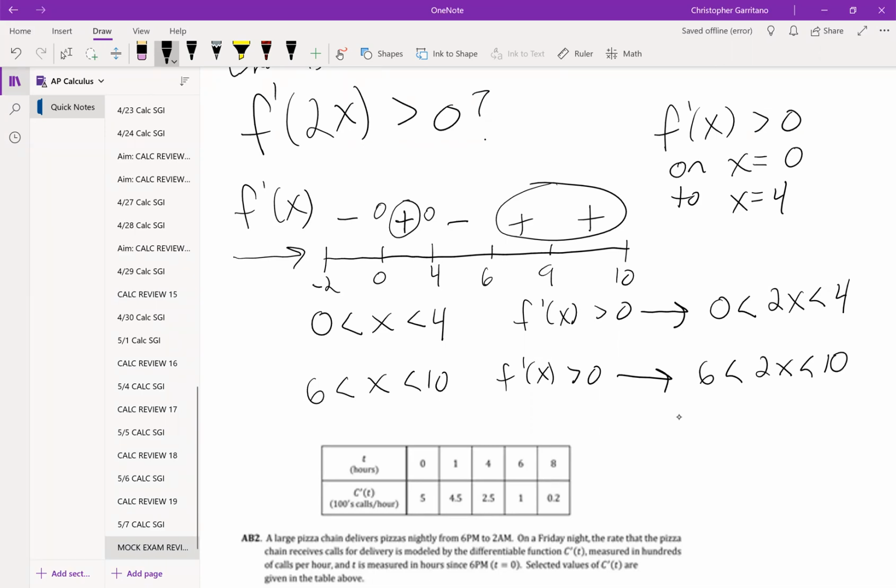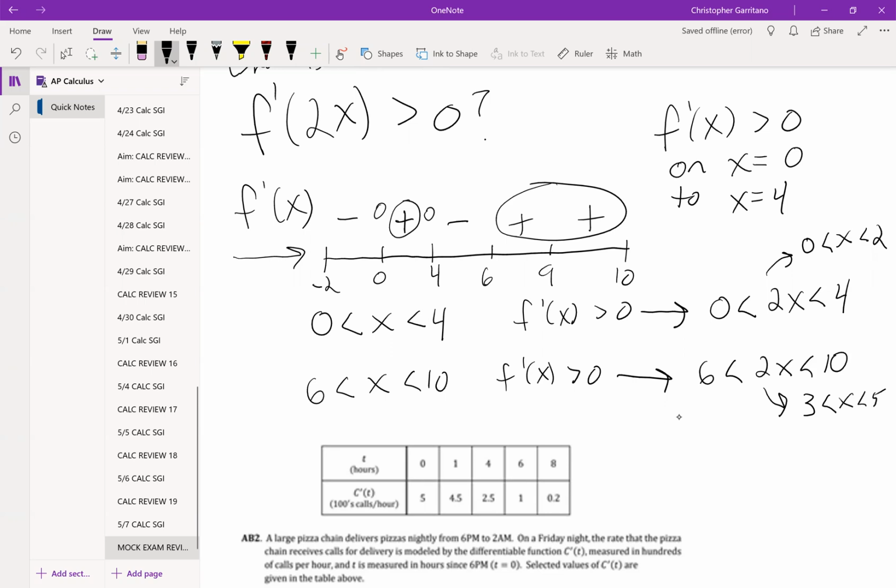Now to get these intervals in terms of x, I'm dividing all sides of this inequality by 2. So I get the interval between 0, x, and 2. Similarly over here, I get between 3, x, and 5.